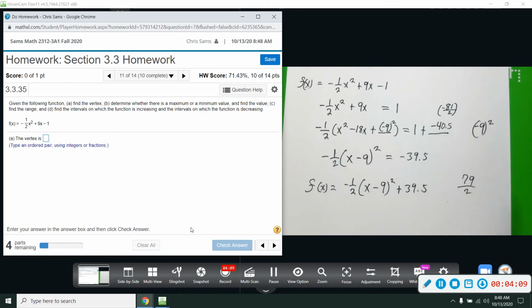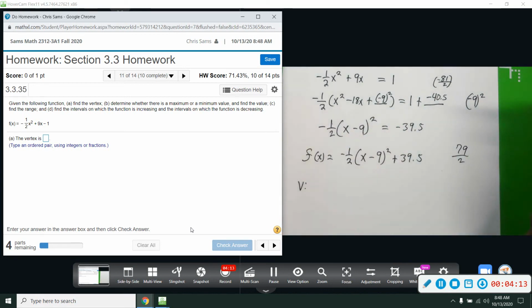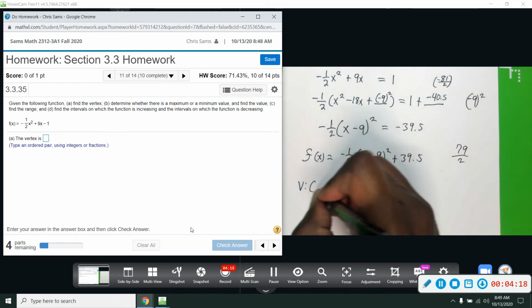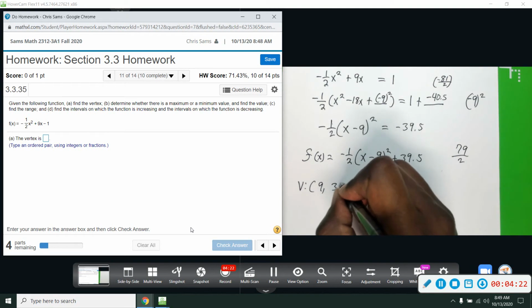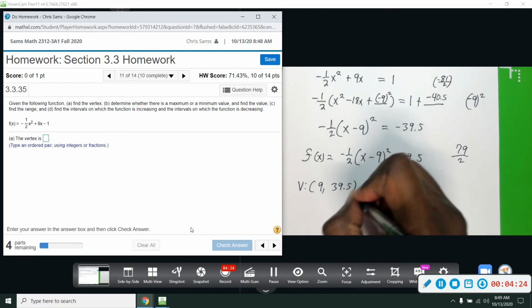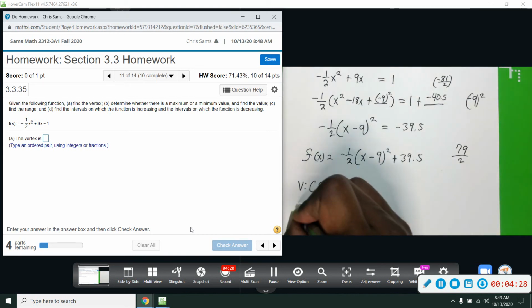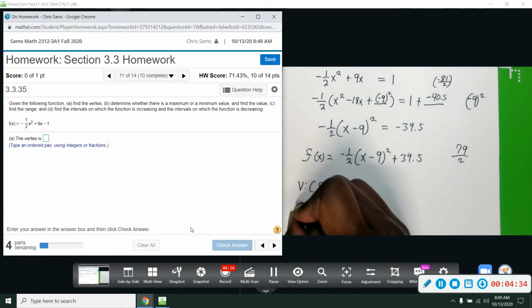Now we can answer the question. The vertex is 9, and I'm just going to leave it as a decimal, 39.5, because I think we needed to graph it like that. We also wanted to know if there's a minimum or a maximum. So negative goes down, we have a max.